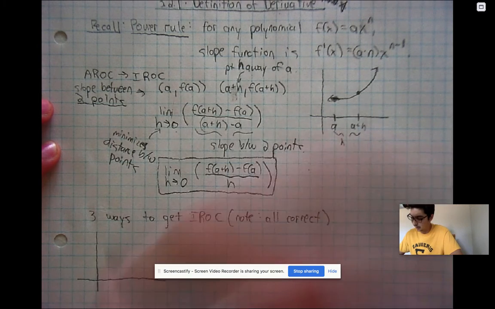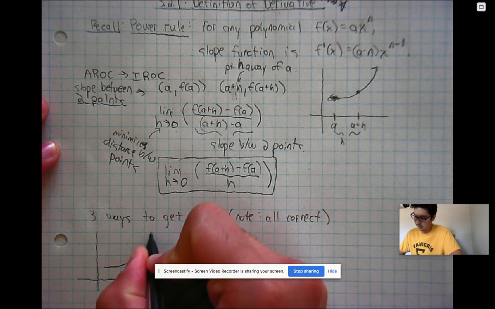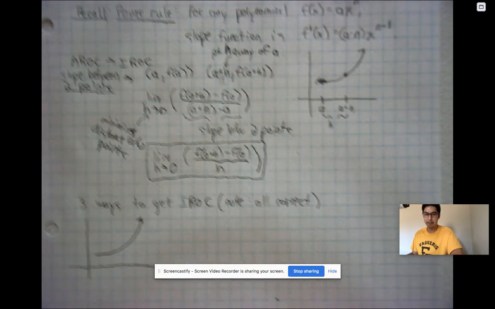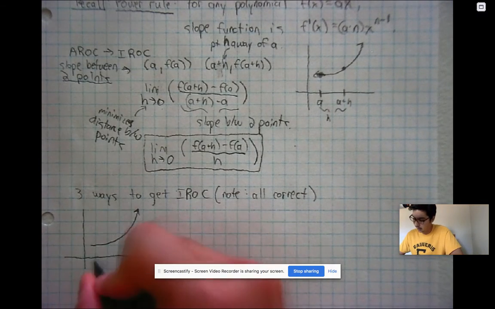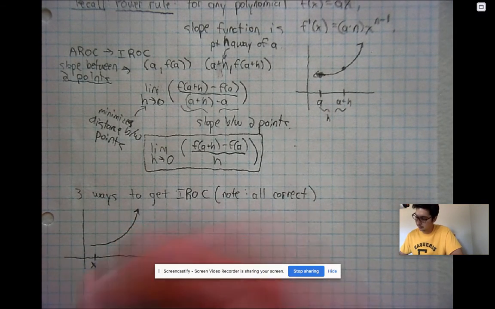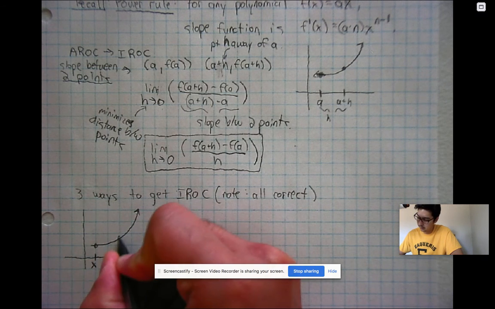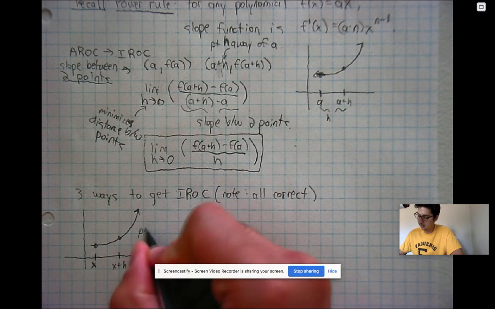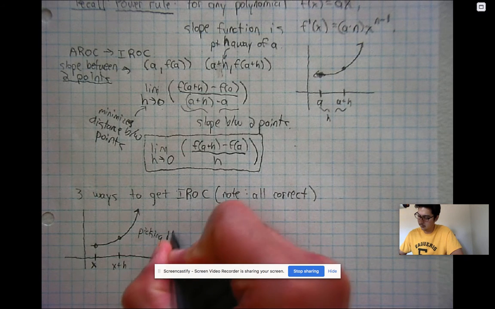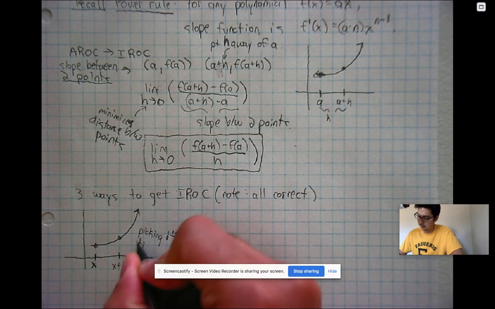is, like I just did up here, you have an arbitrary curve, and let's say we call our point x now, and then you pick another point that's to the right of it. So this is picking your second point to the right.